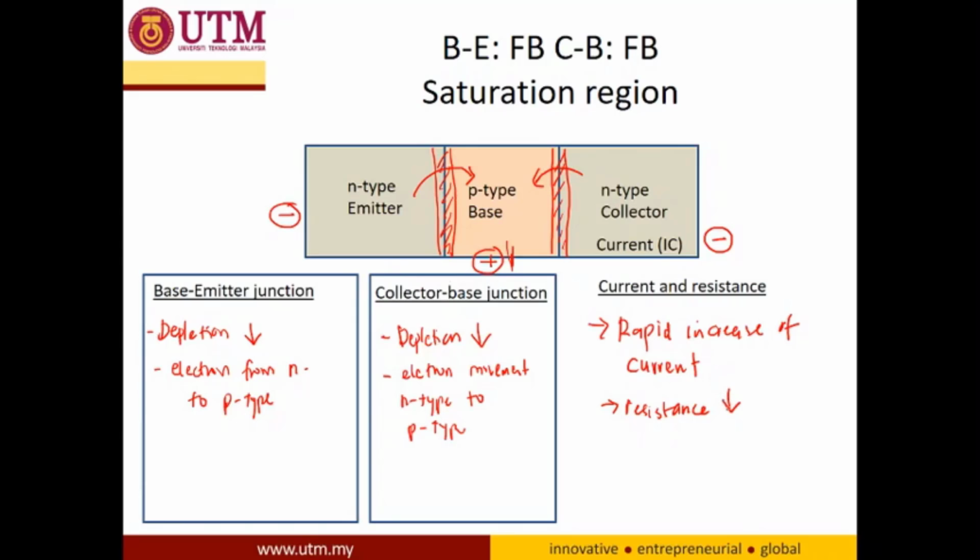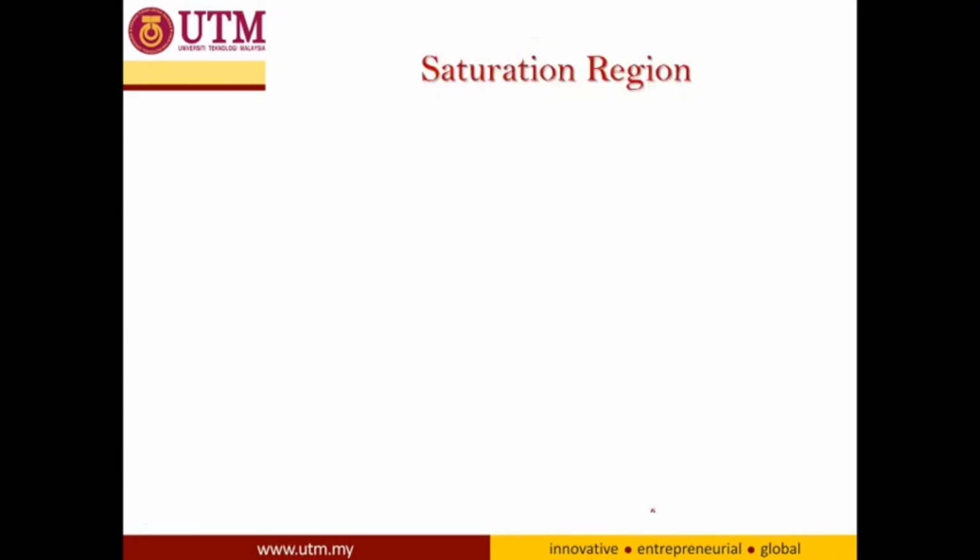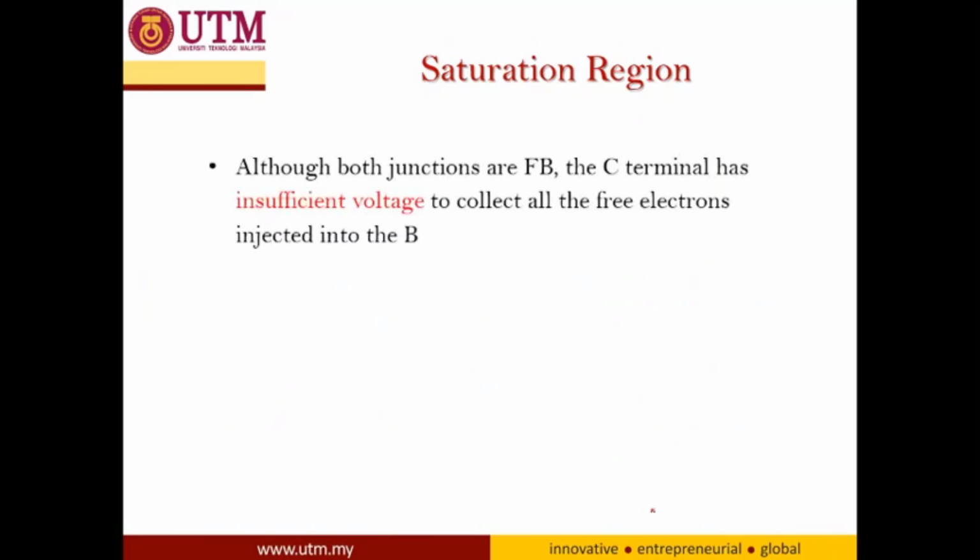So if you plot VCE versus IC, that's why you get the rapid increase of collector current. This is the saturation region. Although both junctions are forward biased, the collector terminal has insufficient voltage to collect all the free electrons injected into the base.